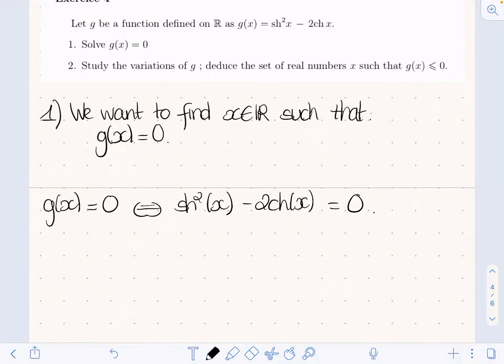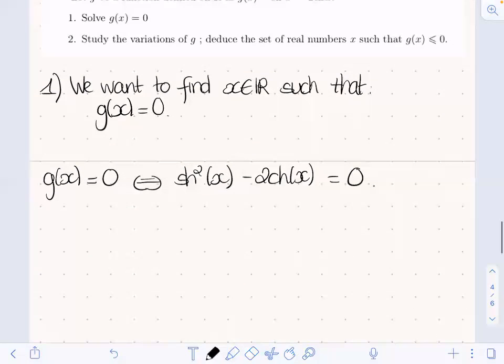We know that hyperbolic sine squared minus hyperbolic cosine squared is equal to 1, so we can express hyperbolic sine in function of hyperbolic cosine? Yeah, absolutely.